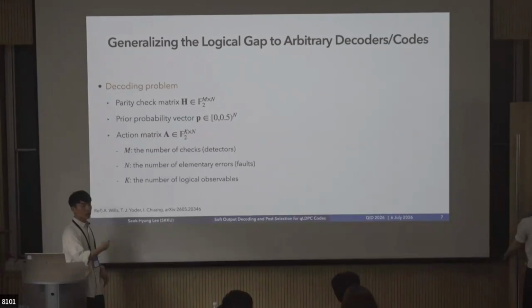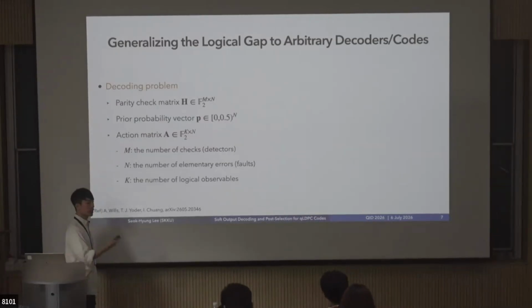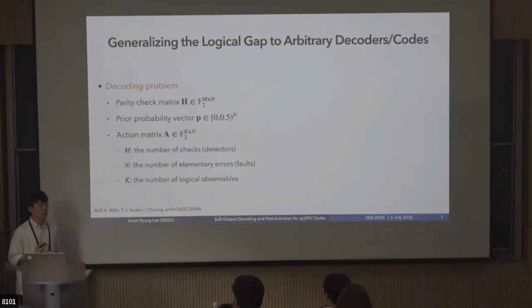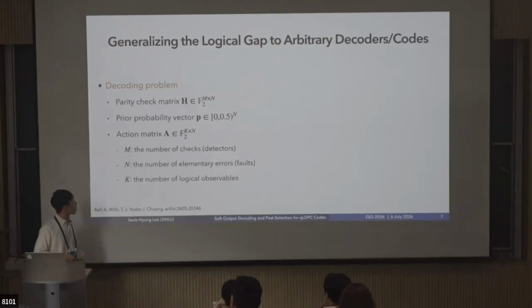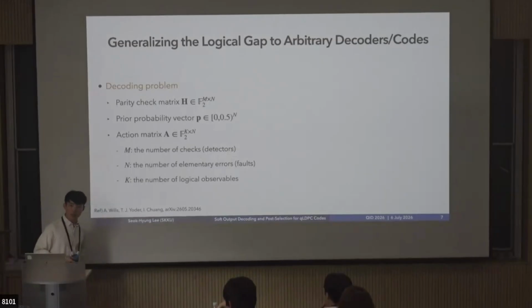And each row of the parity check matrix corresponds to the checks, also termed detectors in the circuit noise model.